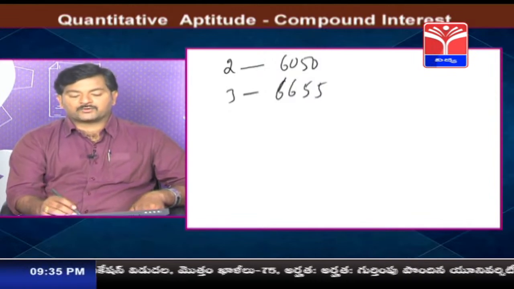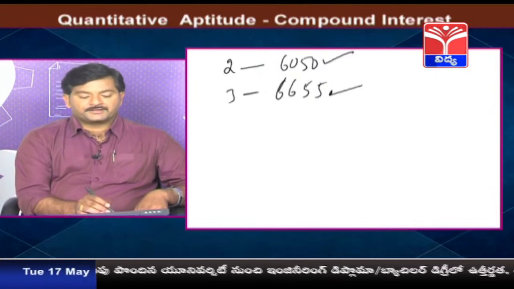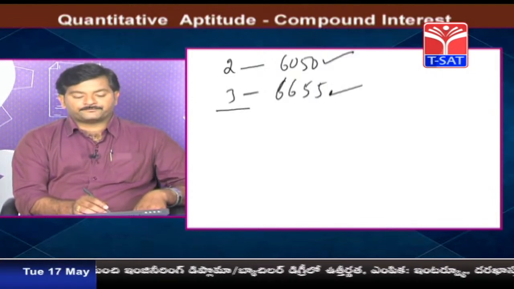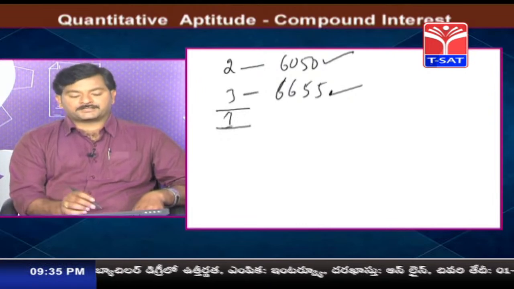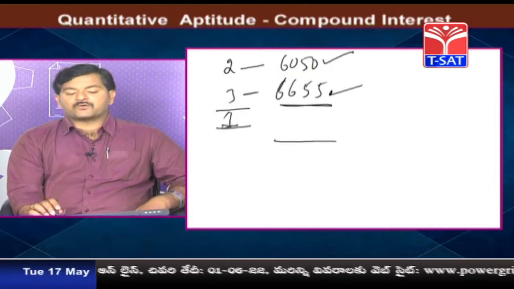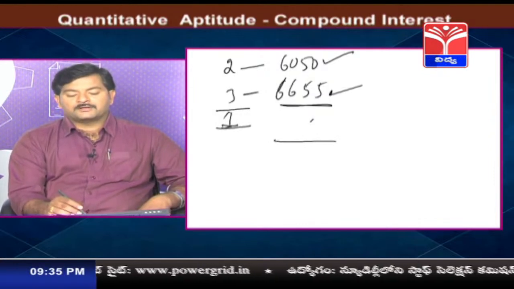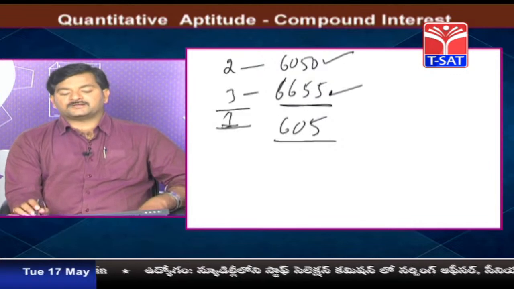This is the 2 years amount and this is the 3 years amount. What is the difference in time? Only 1 year, right? Difference in time is 1 year. So what is the difference in the amount? Clearly the difference in this amount is 605 rupees.